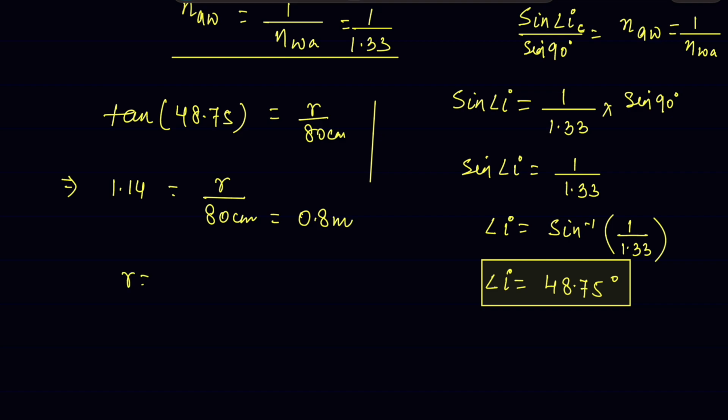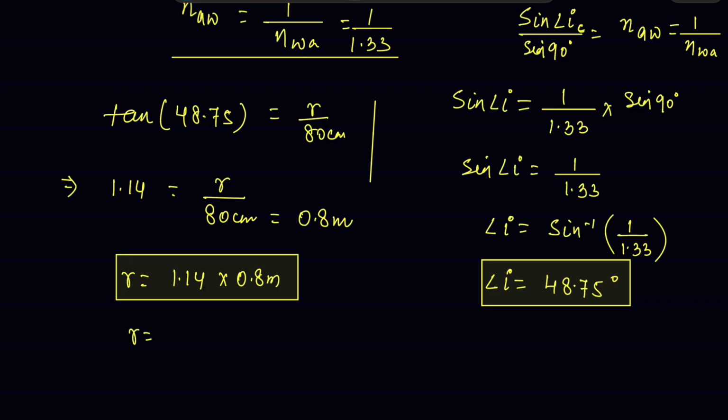So R is equal to 1.14 into 0.8 meter. So R is equal to 0.912 meter. Now we got the radius and we have to find the area.